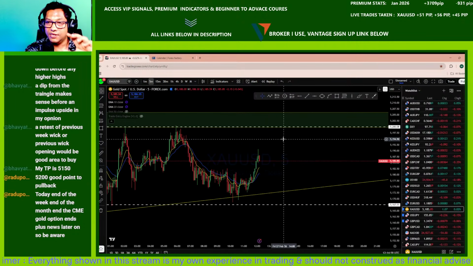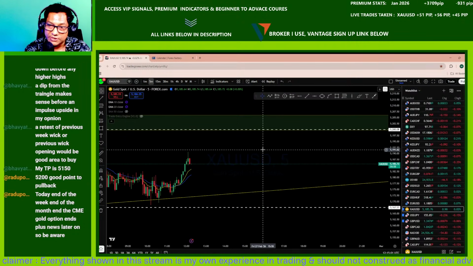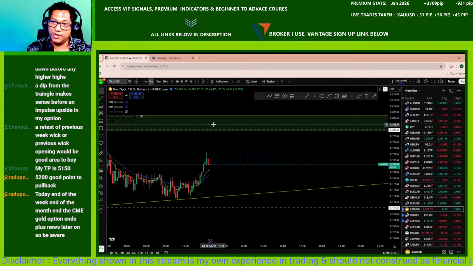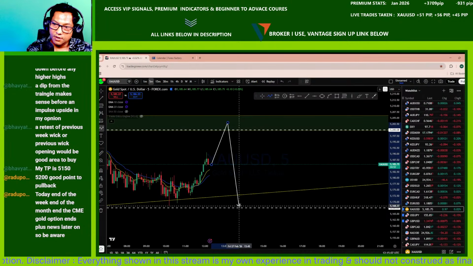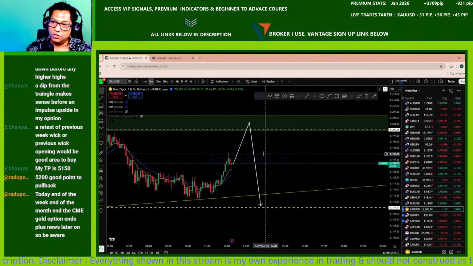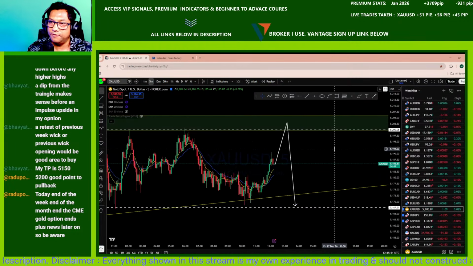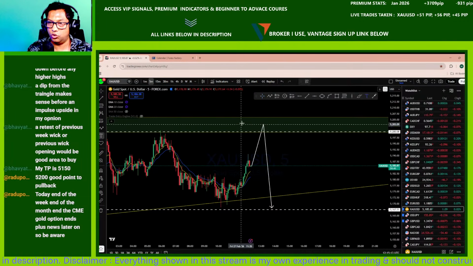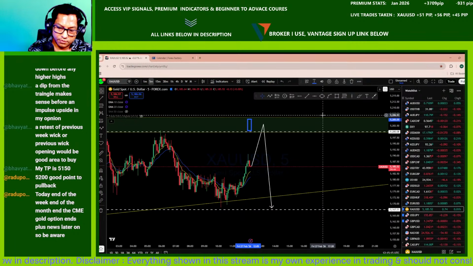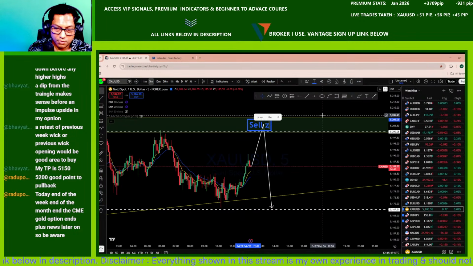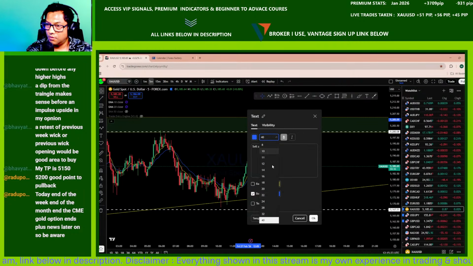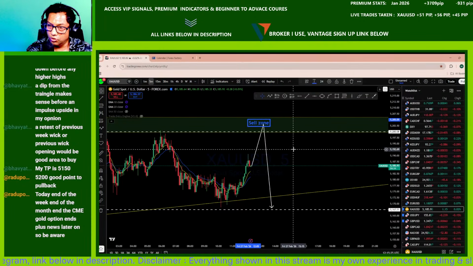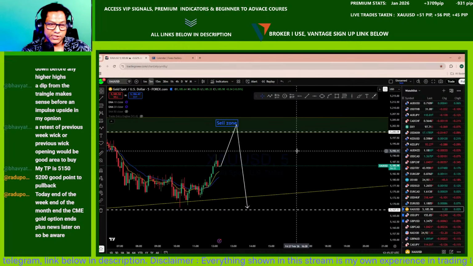So today's sell area, if we want to sell, we want to see the price reach that key level and then reverse. If the market goes in this movement here, this is our sell zone.